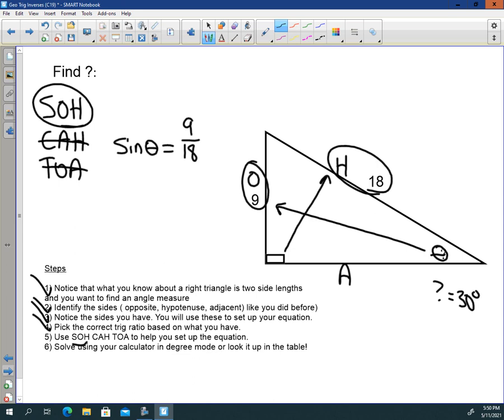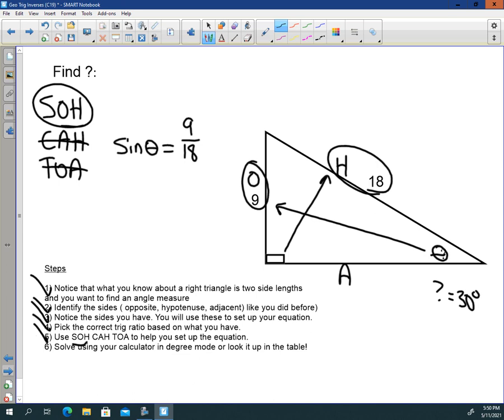So we still use the same sentence, the sine of the angle is the opposite over the hypotenuse, but now it looks a little different because the variable is in a different place. Before, the variable was a part of the fraction on the right. Now it's standing in for the angle because that's what you're trying to find. Okay, so we did that.